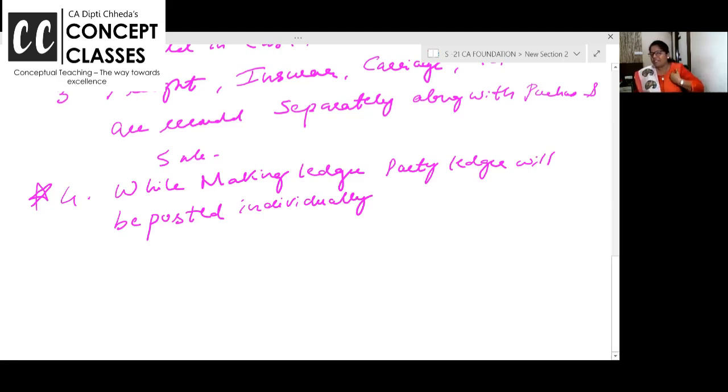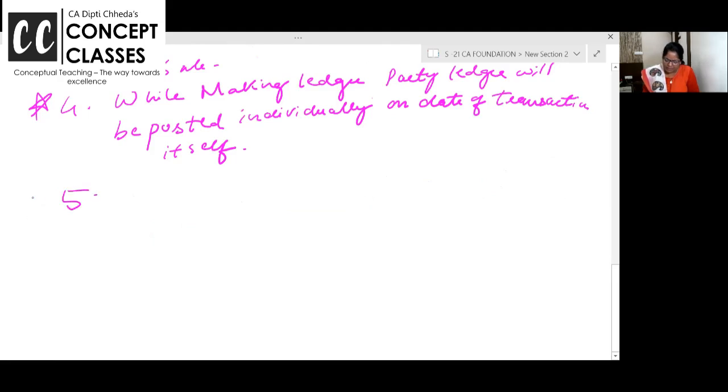Even if I am buying twice from Ajay, I will record twice on the same date of purchase. So while making ledger, party ledgers will be posted individually on date of transaction itself.